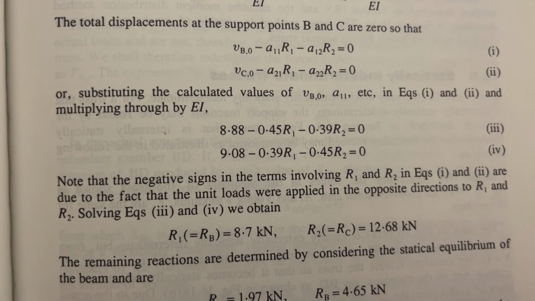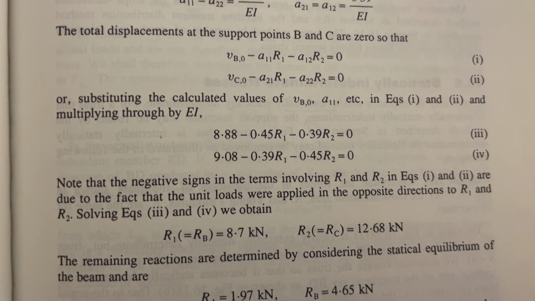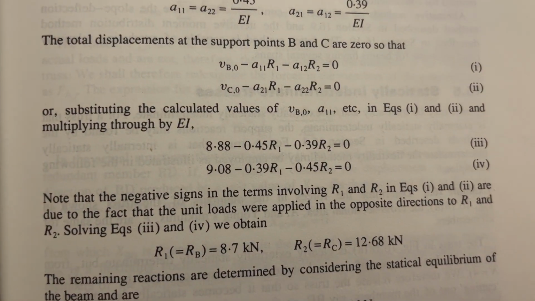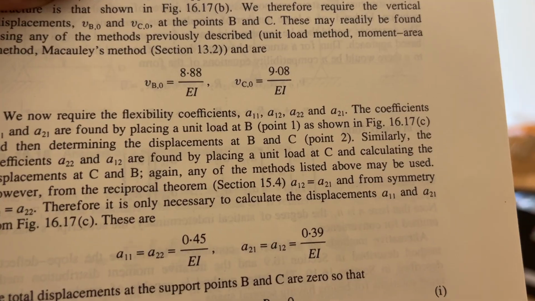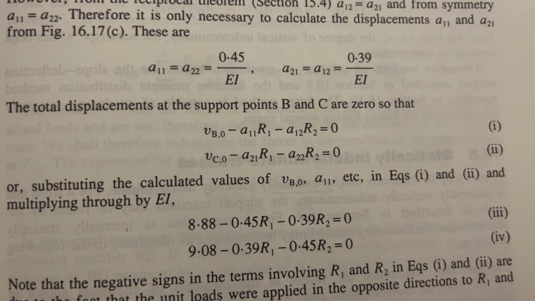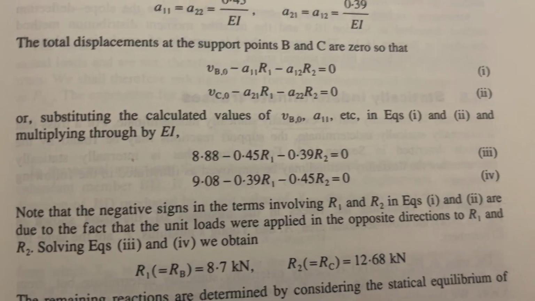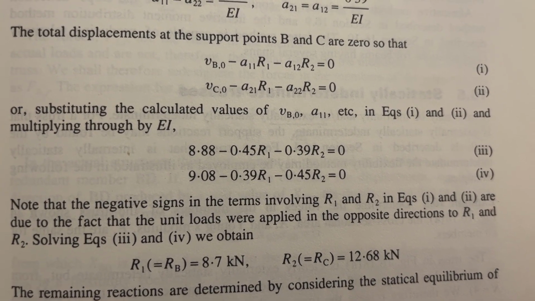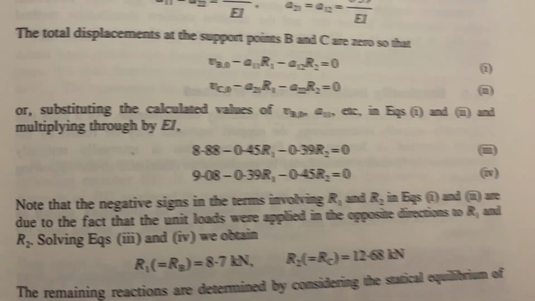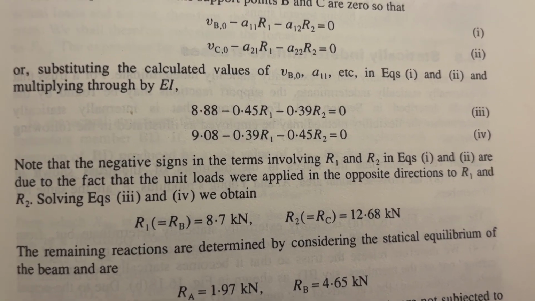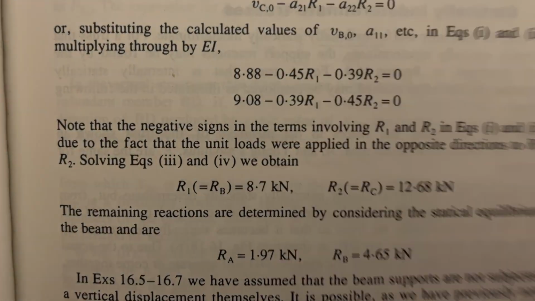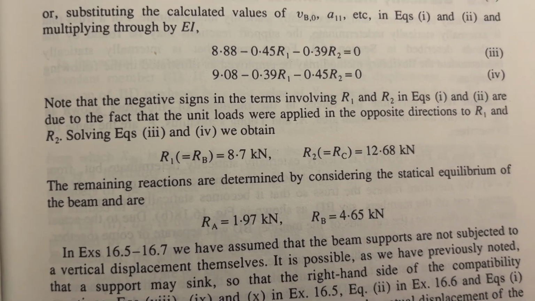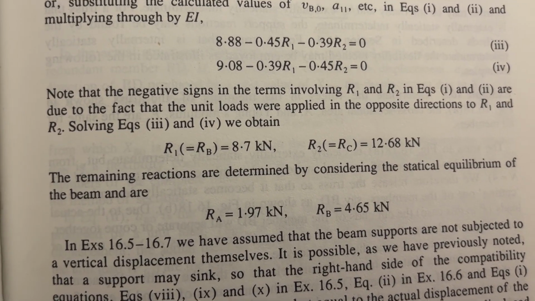Substituting the calculated values of VB0, A11, etc. in equations 1 and 2 and multiplying through by EI: 8.88 minus 0.45 R1 minus 0.39 R2 equals 0, and 9.08 minus 0.39 R1 minus 0.45 R2 equals 0. Note that the negative signs in terms involving R1 and R2 in equations 1 and 2 are due to the fact that the unit loads were applied in the opposite direction to R1 and R2.